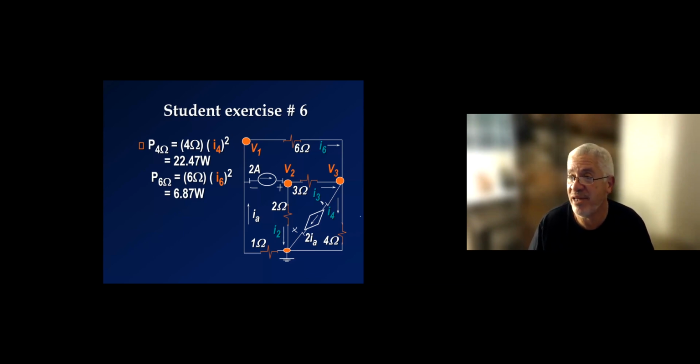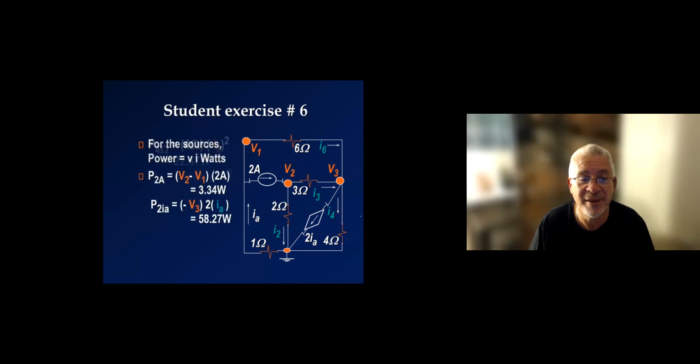So the active sign convention gets satisfied, and that's what I do here. So for the 2 amp source, the power is V2 minus V1 multiplied by 2. And for the 2IA dependent source, the power is minus V3 multiplied by 2IA.